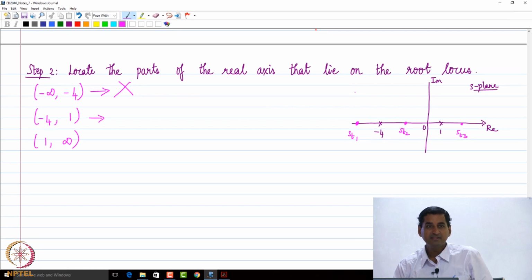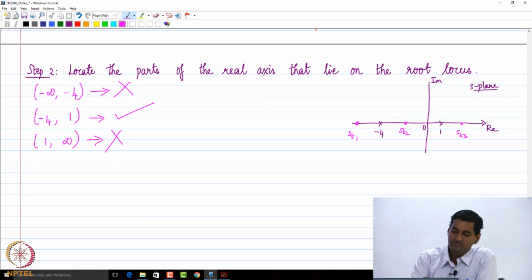Yes. If you take ST2, you see that theta 1 will be 0, theta 2 will be 180. So, this is right. Now, what about 1 to infinity? No, because the angle will be 0, which is not an odd multiple of 180 degrees.